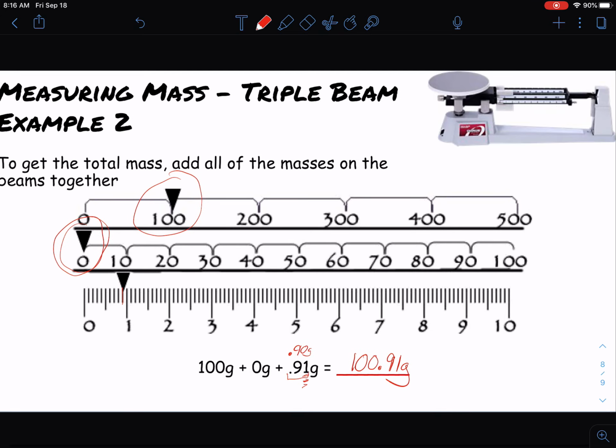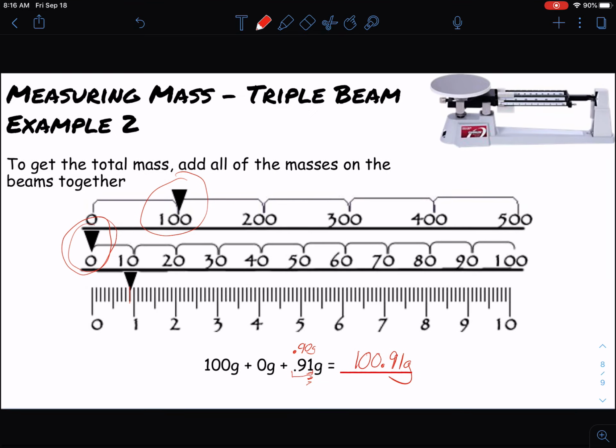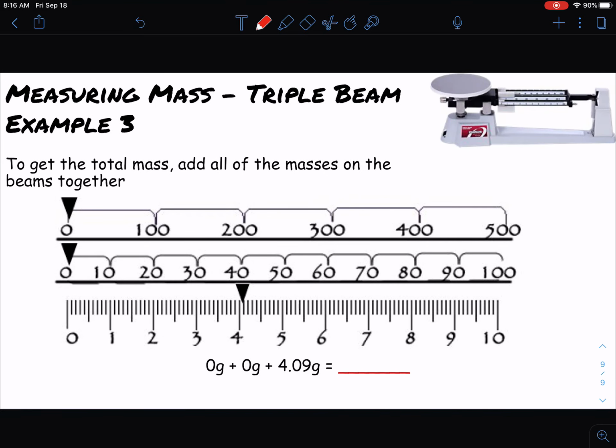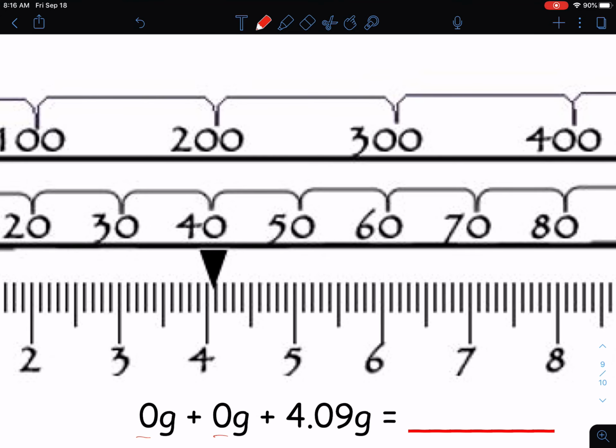One more example. The last one here, now we have 2 beams at 0 and just the 1 gram beam moved. So again, it's going to be 0 plus 0. And now we're going to read the 1 gram beam the same way we would a meter stick, but instead of centimeters, we're having it in grams again. So in this one here, I'm zooming in.